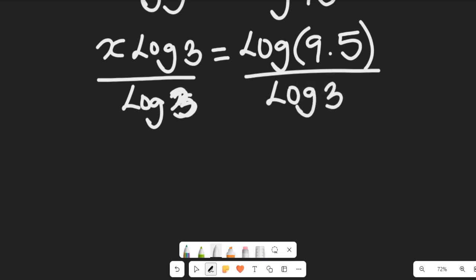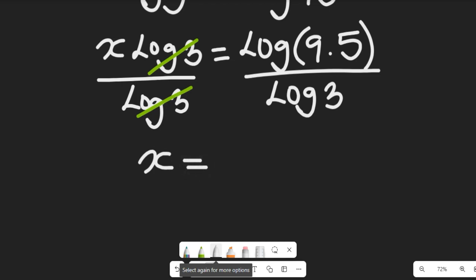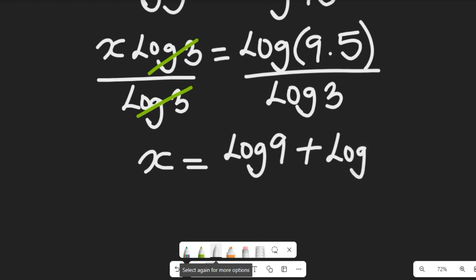Now over here, the log of 3 will clear the log of 3 on the left, and then we'll be left with the value of x on the left hand side equal to, according to the multiplication law of logarithms, log of 9 plus the log of 5, all divided by the log of 3.